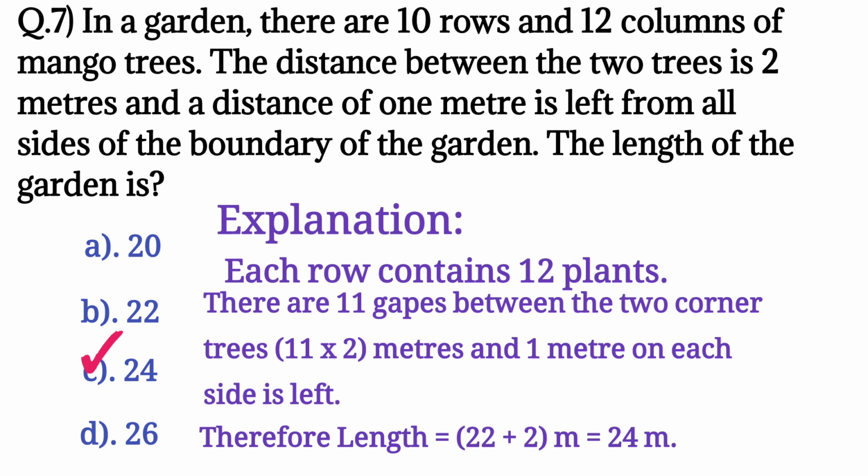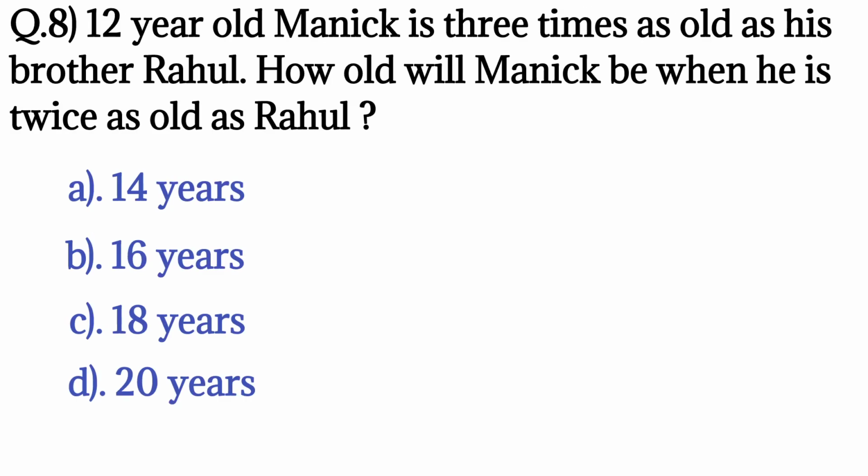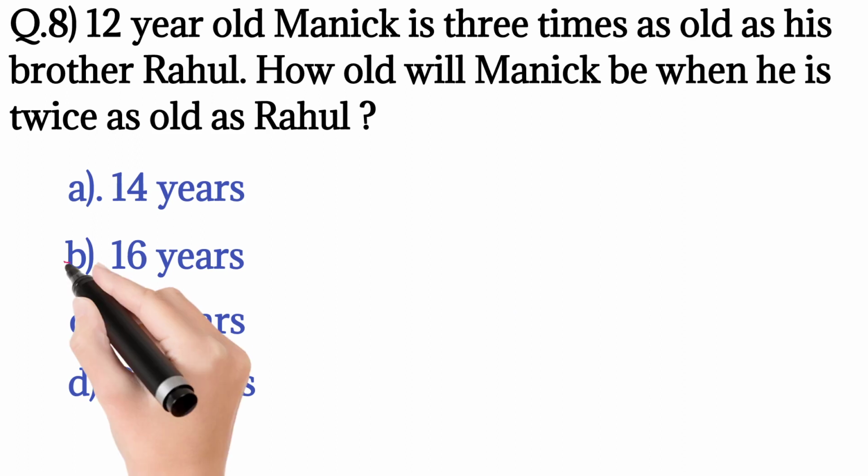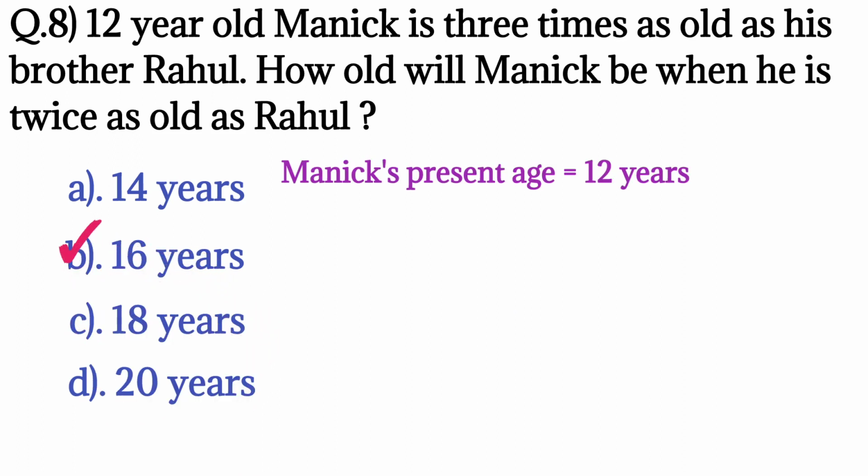Question number 8. 12-year-old Manik is 3 times as old as his brother Rahul. How old will Manik be when he is twice as old as Rahul? The right option is option B, 16 years. Manik's present age is equal to 12 years.